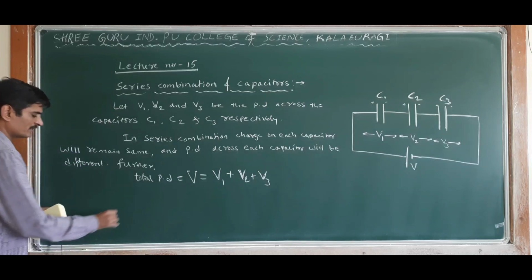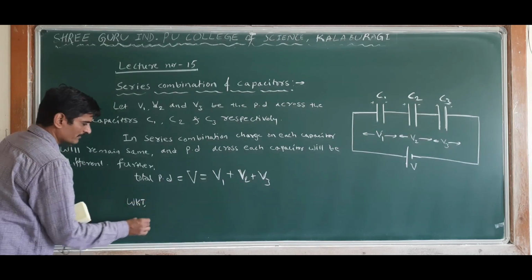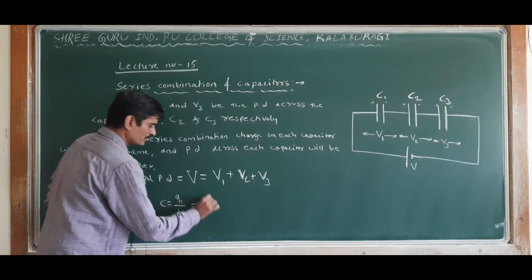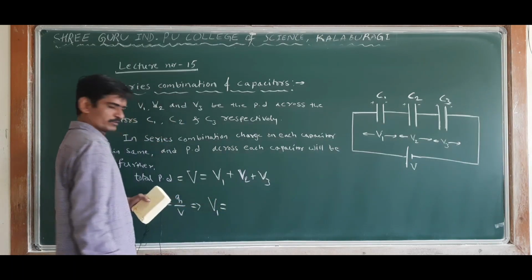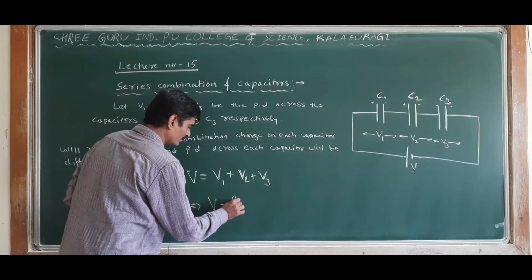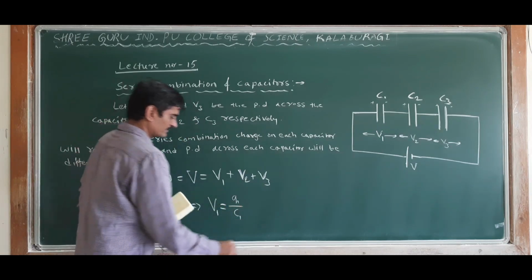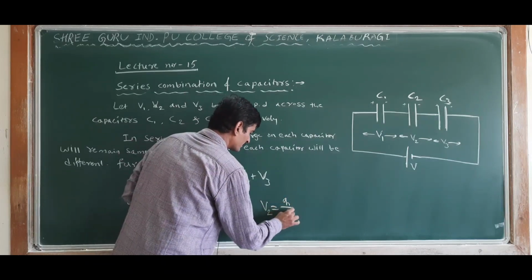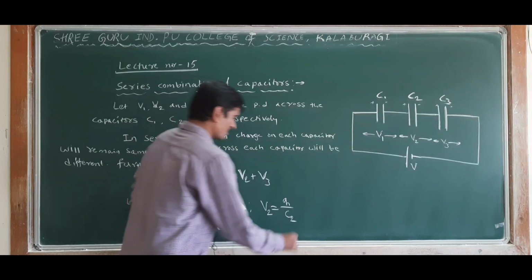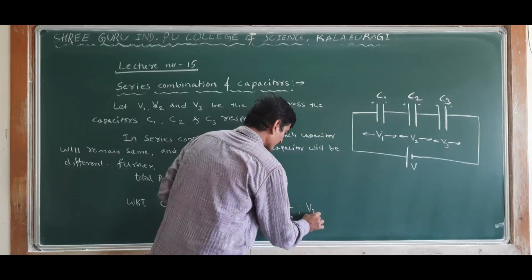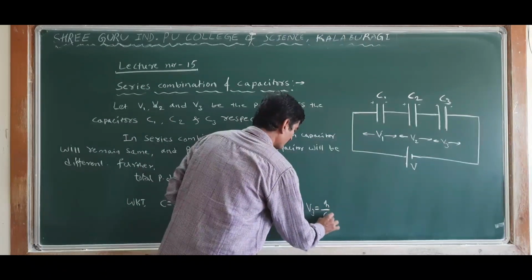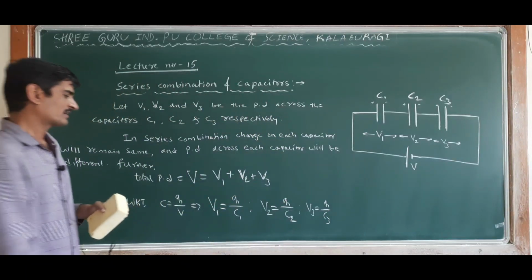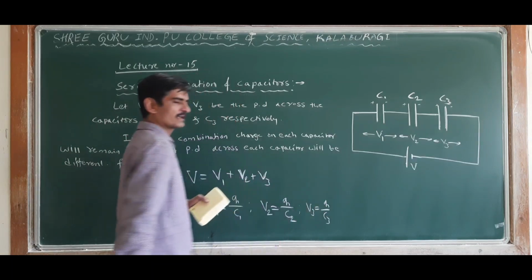Now we know that C is equal to Q divided by V. Therefore V1 is equal to Q divided by C1, similarly V2 is equal to Q divided by C2, and V3 is equal to Q divided by C3. Here we write Q, not Q1, Q2, Q3, because Q remains the same.